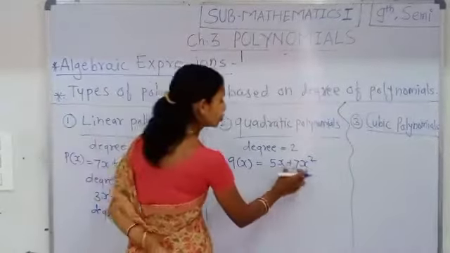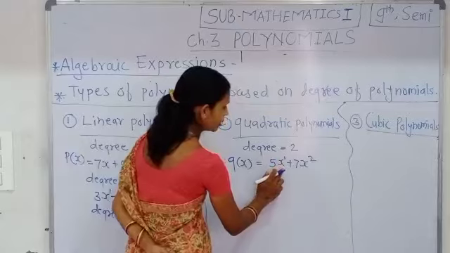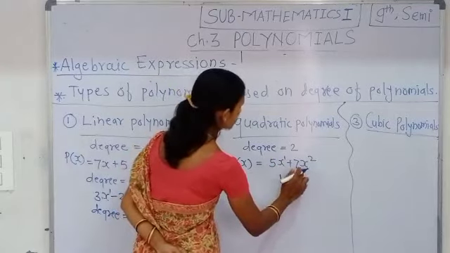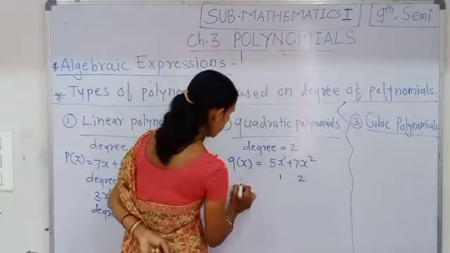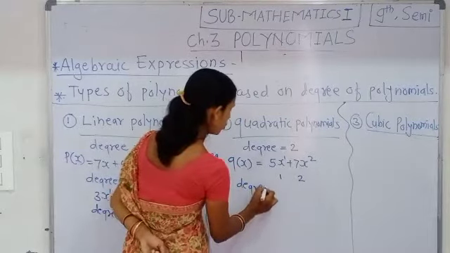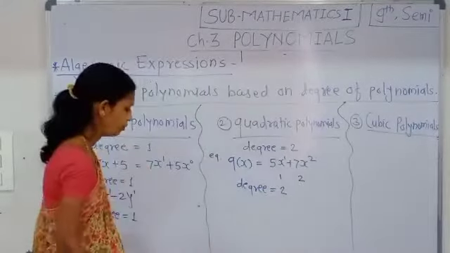Then see here, there are two terms, where the degree of the variable in the first term is 1, and the degree of the variable in the second term is 2. Therefore the degree of the given polynomial is 2. Therefore it is a quadratic polynomial.